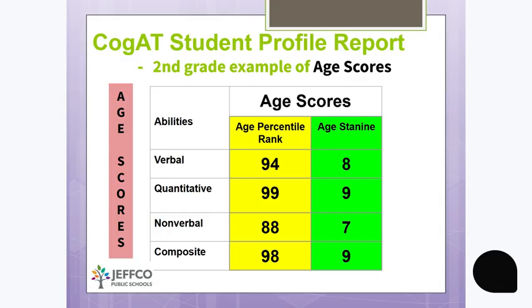So if we were to score them on CogAT, my children who are 18 would be scored against 18-year-olds within the same 3-month range, while the 17-year-olds, their friends, would be scored against 17-year-olds. That's one of the ways that CogAT works really hard to give us accurate data, because we know kids are in different ranges and different ages in each grade level. And so they really look at that age score.